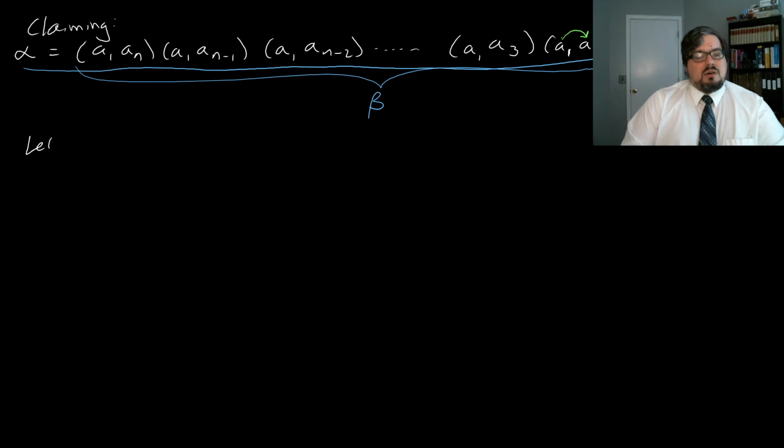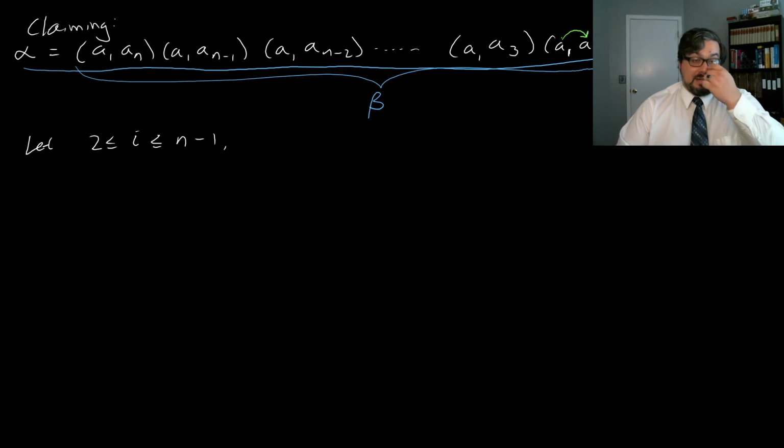All right, so now let i be some number between 2 and n minus 1. And we want to look at what beta does.